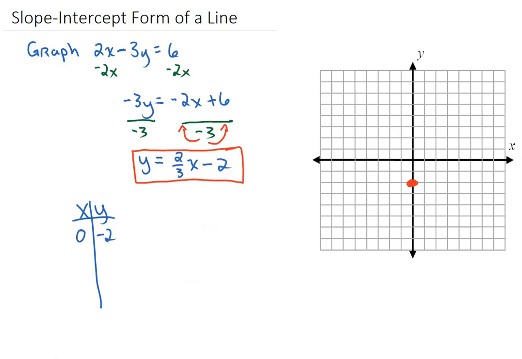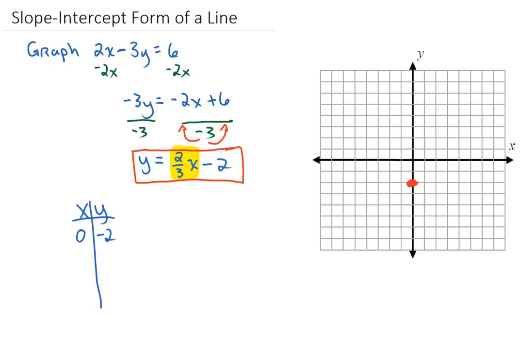For our other points, we talked about choosing x values wisely, and in this case, we want to choose an x value so that when we multiply it by 2/3, it's going to reduce with that denominator of 3, and therefore we don't have to work with fractions.